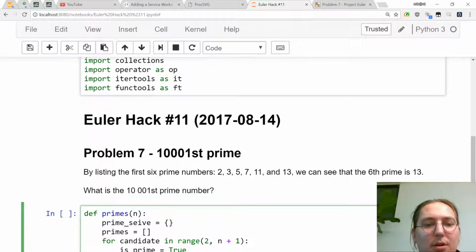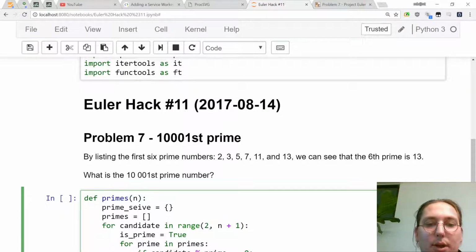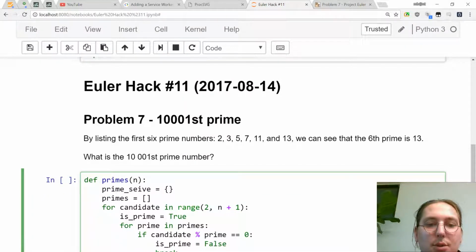So for p in primes, if candidate mod prime, I guess let's call it that, why not, equals 0, then it's not a prime. Is prime false, and I guess break. If is prime, primes append candidate.